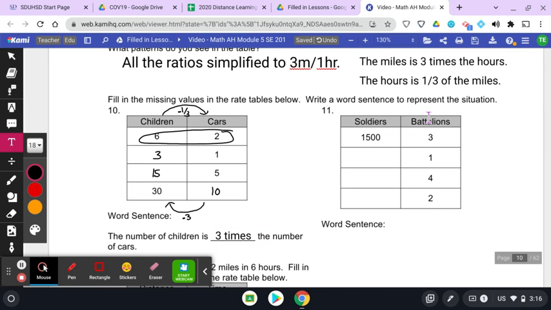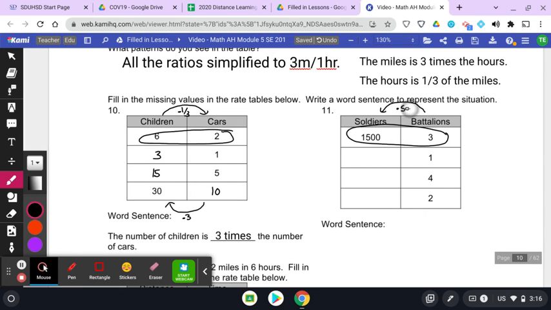Soldiers versus battalions. So some of you guys are like, what is a battalion? A battalion is a group of soldiers. So we know in 3 groups, there are 1,500 soldiers. So I have to think 1,500 divided by 3 is 500. So I know that each group has 500. So to go from battalions to soldiers, I have to multiply by 500.